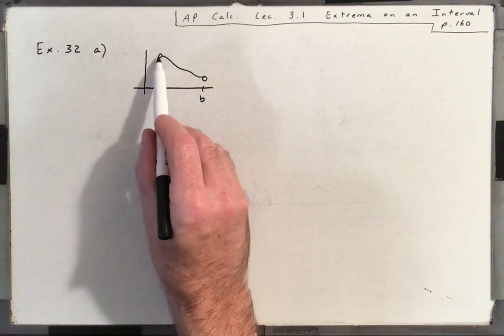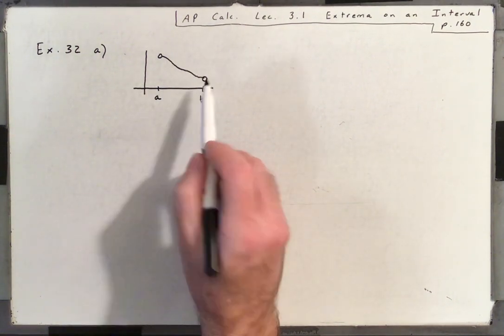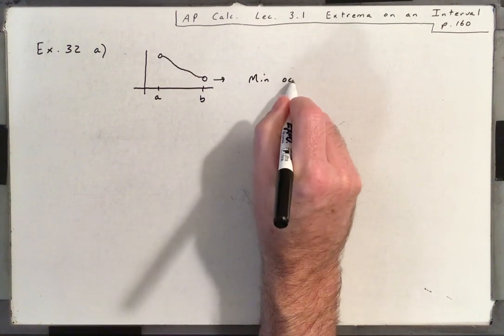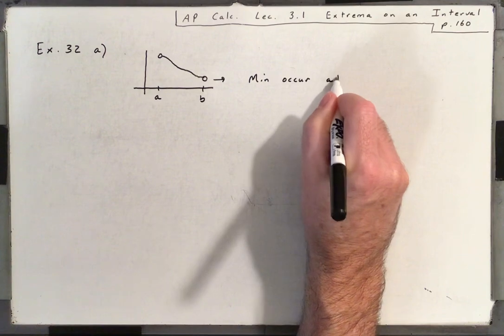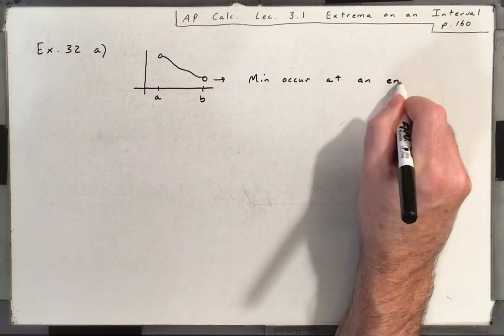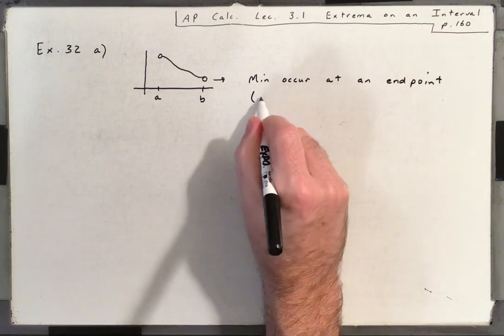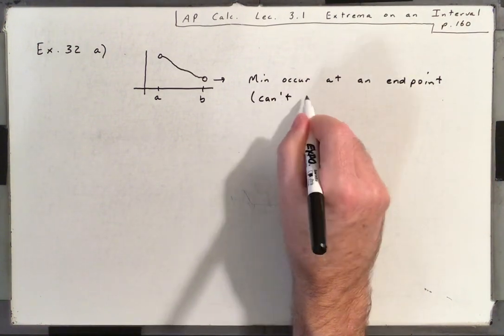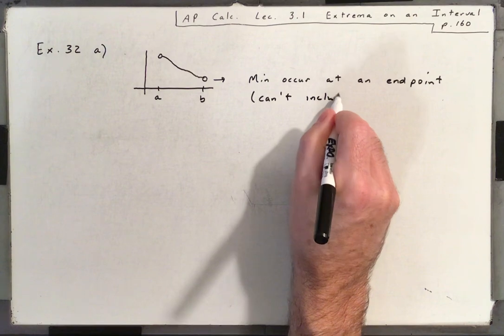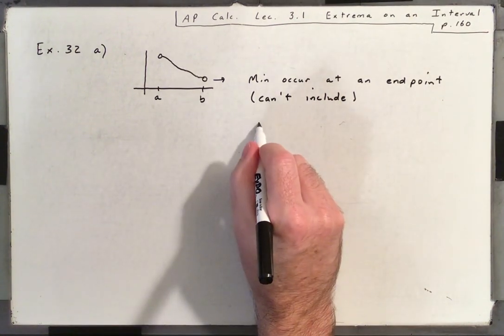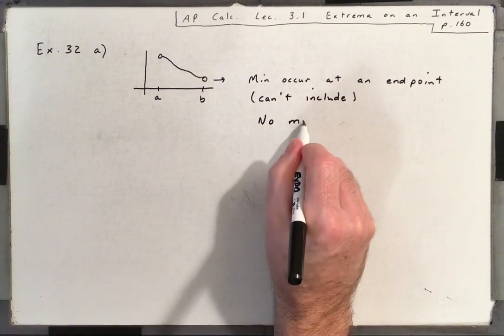Well, it doesn't, because the minimum occurs at an endpoint, which you cannot include on an open interval. So the answer for 32a is, there's no minimum.